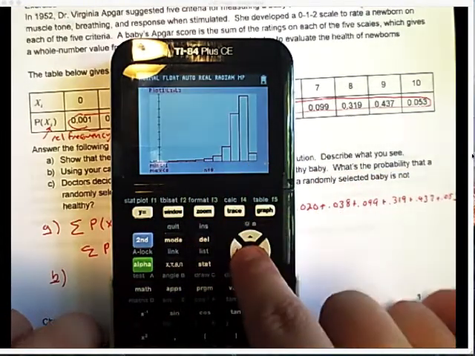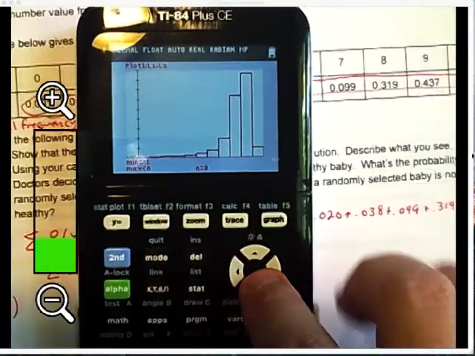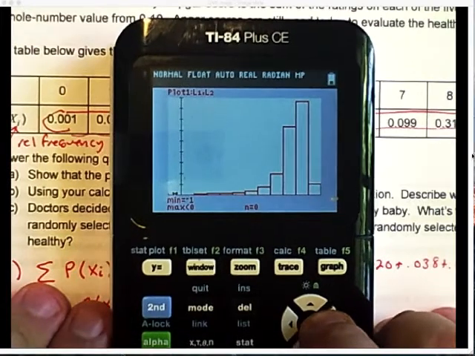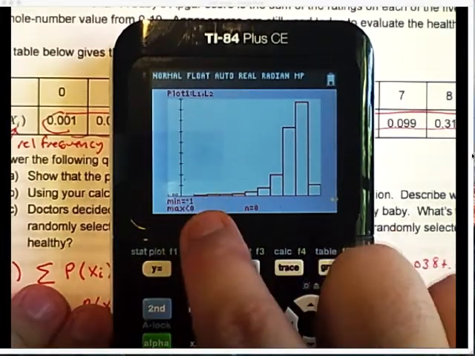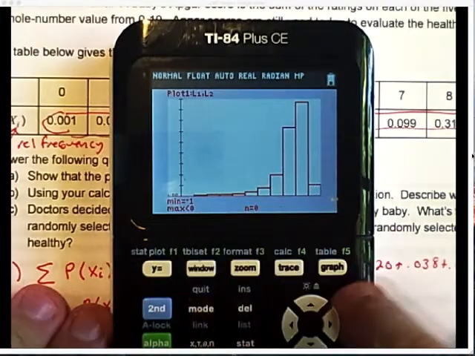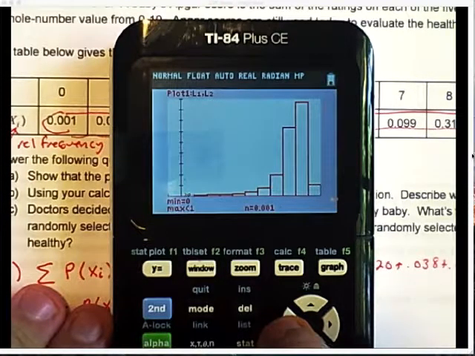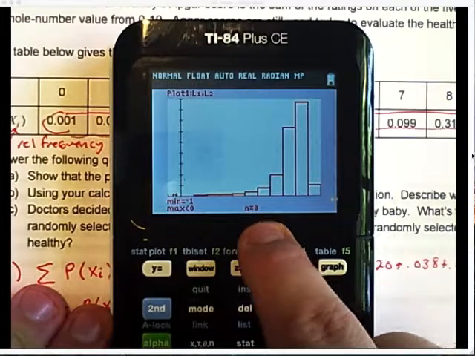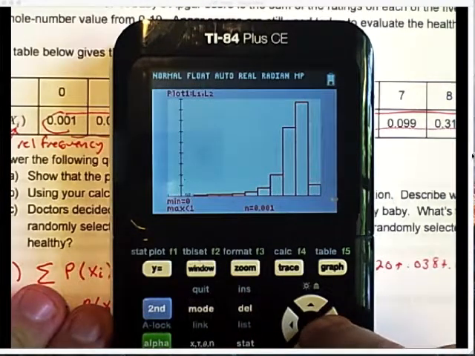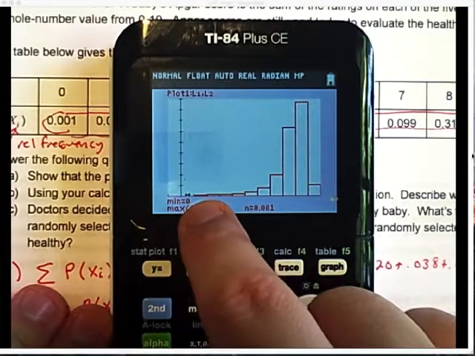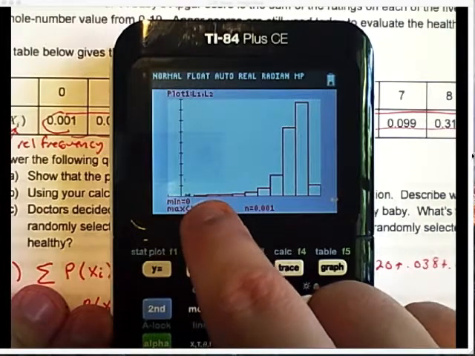If I hit trace now, let me zoom in so you can see it. So here, there's nobody between -1 and 0, because if you see here, it says n equals 0. Now this says how many people, or what's the relative frequency for 0 to less than 1?